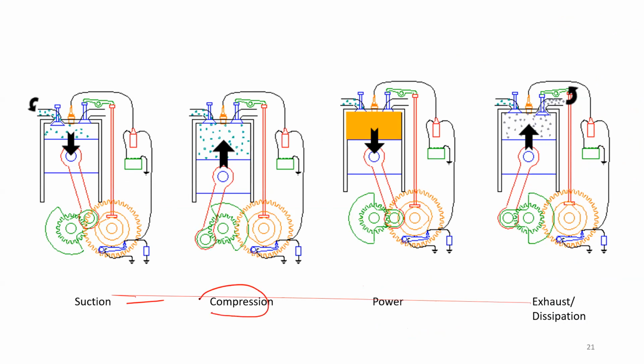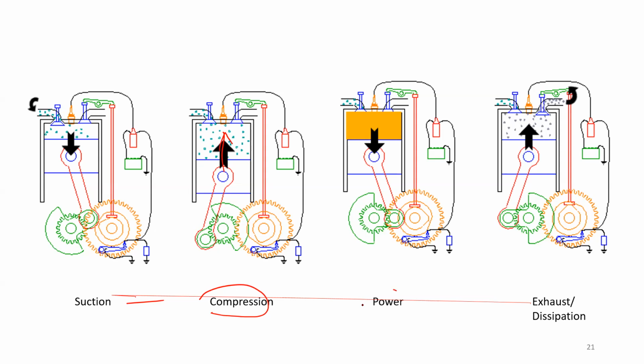As the engine continues to rotate, the intake valve will be closed and the piston moves upward in the cylinder, while in the intake stroke the piston travels downward and the intake valve will be open.